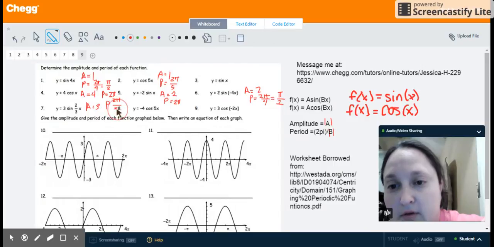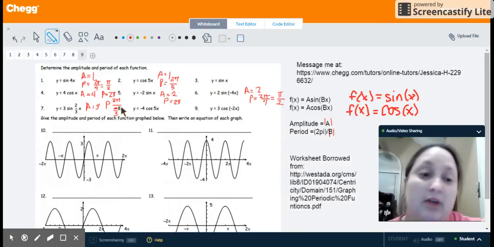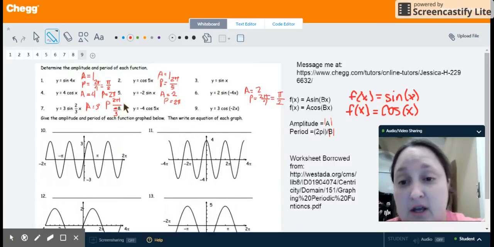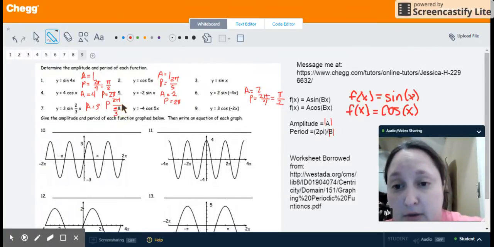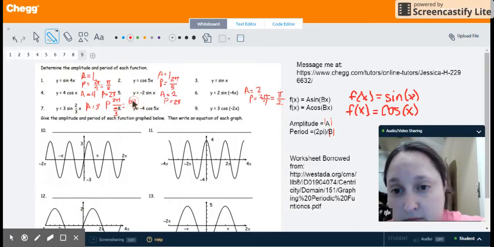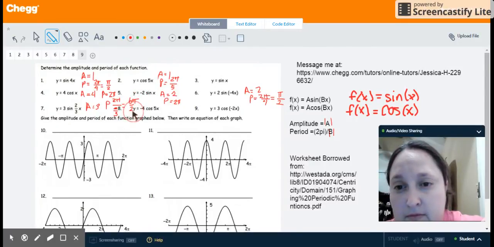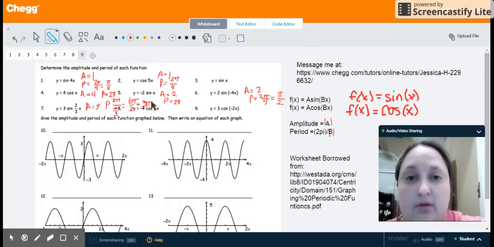If you remember, when we divide by a fraction, we're multiplying by the reciprocal or the multiplicative inverse, and therefore we would end up with 6 pi over 2, which reduces to 3 pi. So this has a period of 3 pi.